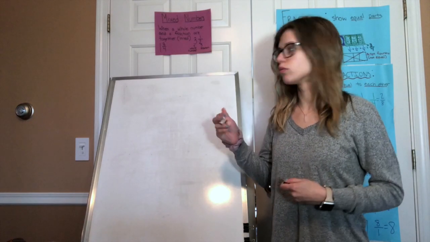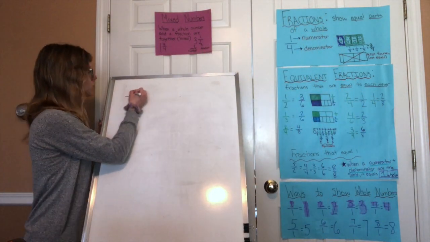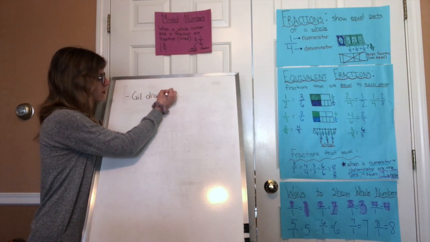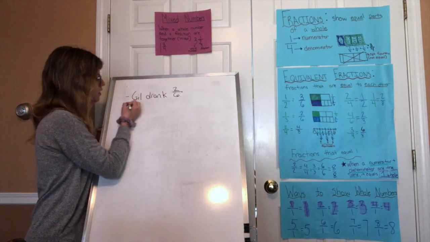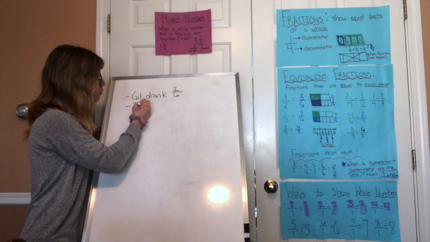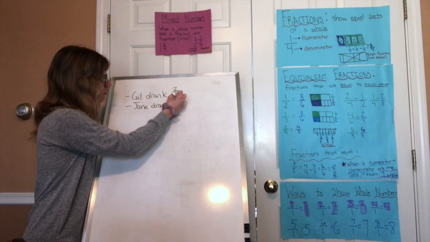So I'm going to write the rules of my problem. Jill drank 2/6. Jane drank 5/6.